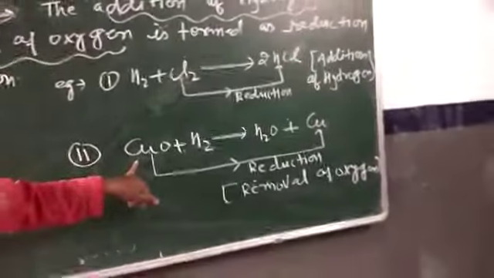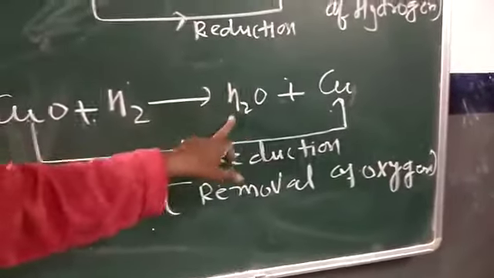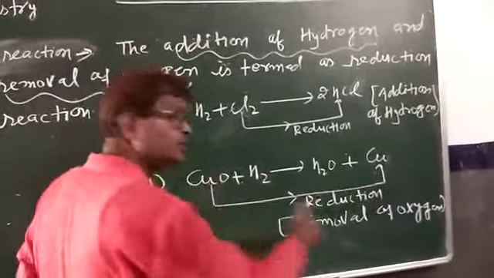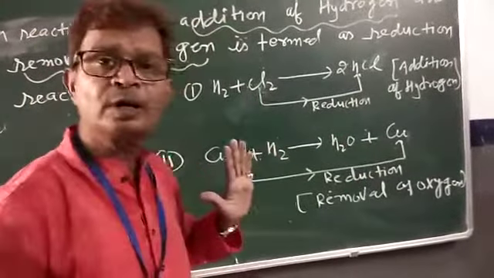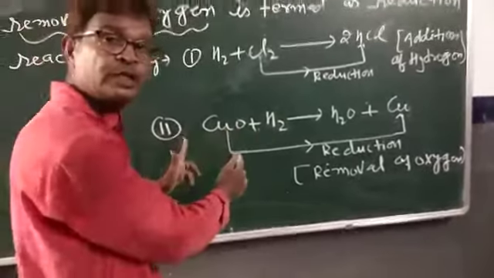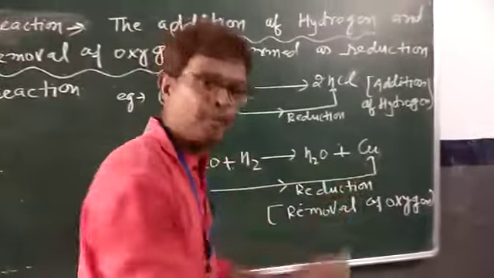When cupric oxide reacts with hydrogen, it forms H2O and copper. How can you have Cu from CuO? By removing oxygen from cupric oxide. Just try to understand. Cupric oxide to copper, I have marked.